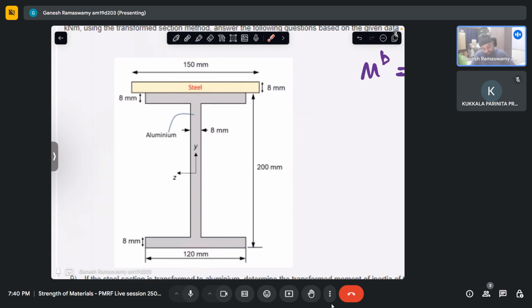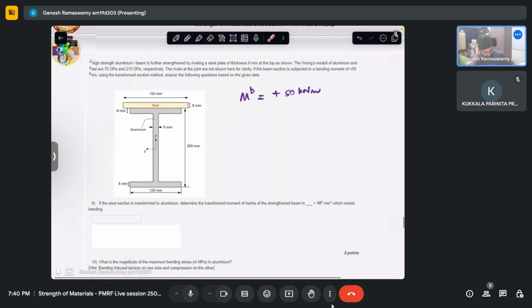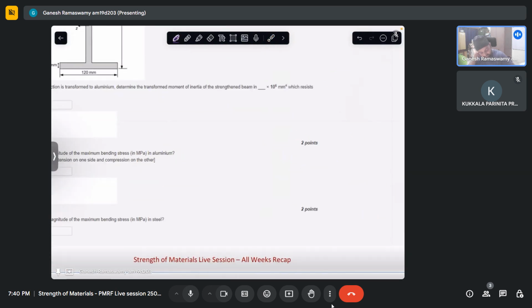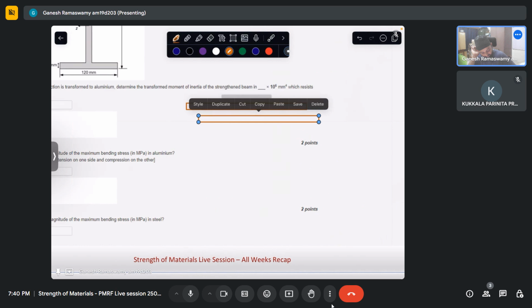I have to shrink the aluminum beam only horizontally by a factor of EA by ES. Since this question is asking us to do it in terms of aluminum, the transform section will be something like that. So we have the I here.